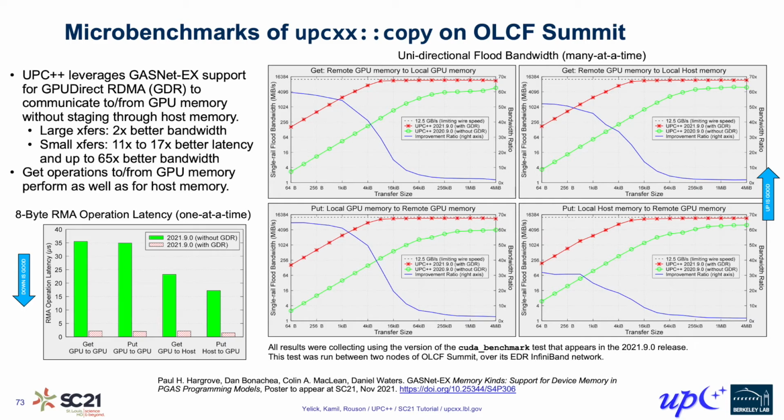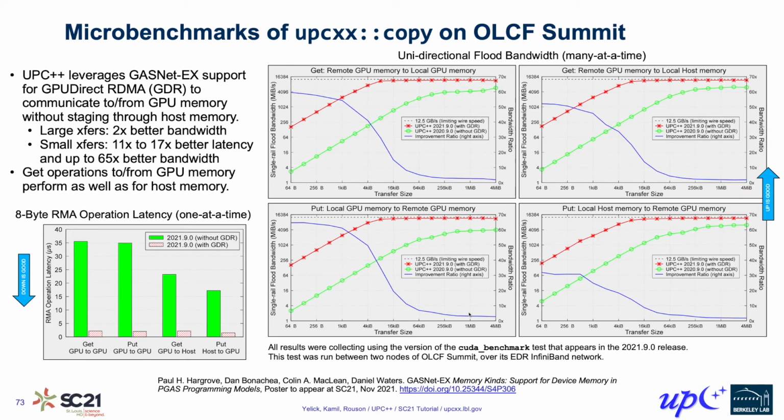The second build has the GDR support disabled, requiring the UPC++ runtime to fall back to intermediate copies through host memory buffers, where the CPU stages data to and from the GPU using CUDA memcopy. This second approach is a proxy for what an application might do in the absence of copy and its support for the CUDA device memory kind.